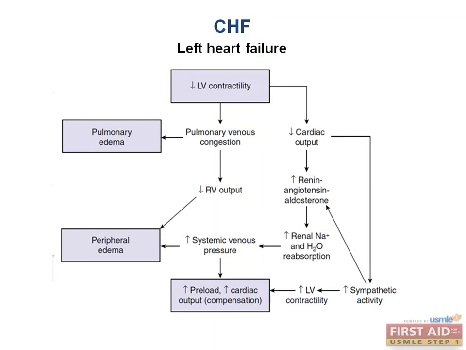In both of the situations, you get a retrograde transmission of elevated pressure to the pulmonary vasculature, which causes pulmonary venous congestion. So the decrease in the left ventricular output leads to accumulation of volume and pressure, and this can transmit back into the pulmonary venous system. Over time, you have chronic pressure within the pulmonary capillaries, and that leads to transudation and leakage of erythrocytes across the vessel into the alveoli.